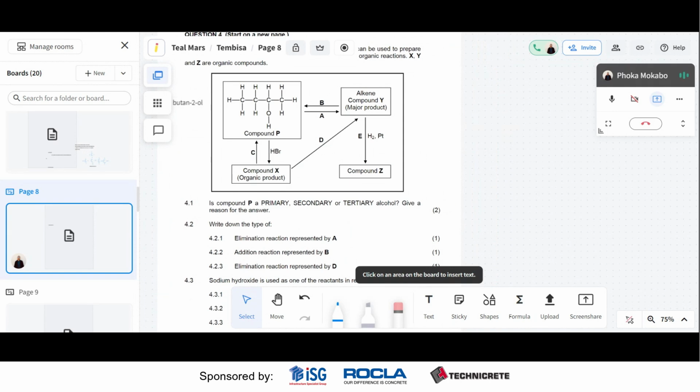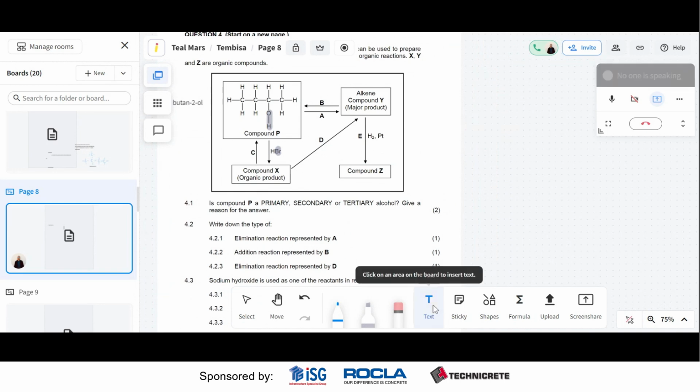The bromine part of this will be substituted with the hydroxide part of compound P, and what we will end up with is a halogen compound for compound X.